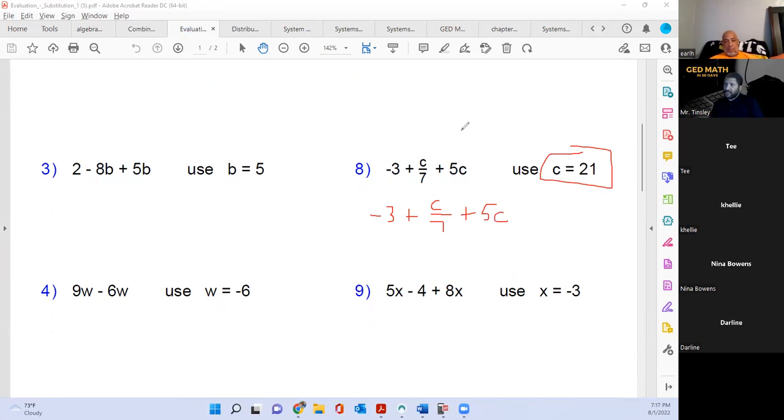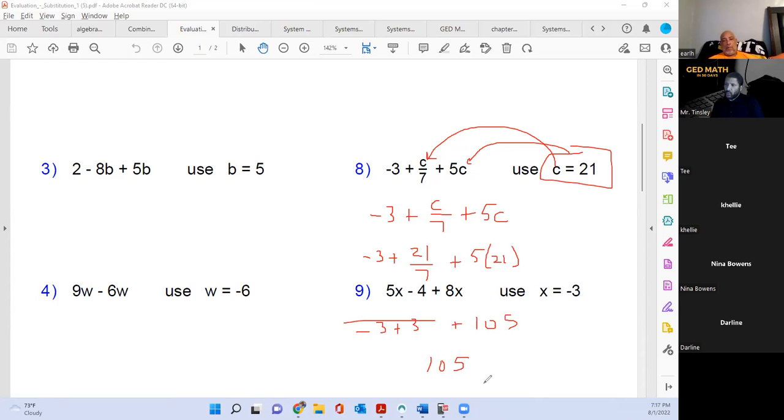So everywhere you see C, you're going to put 21. So minus 3 plus 21 over 7 plus 5 times 21. Minus 3 plus 3 plus 105. So the 3's cancel. Your answer here is 105.